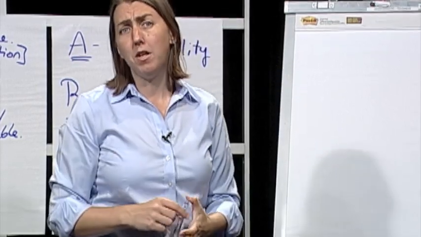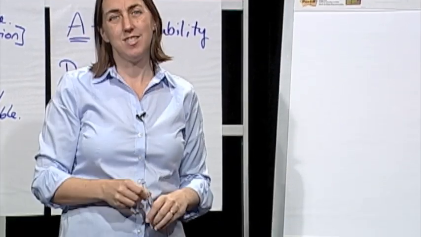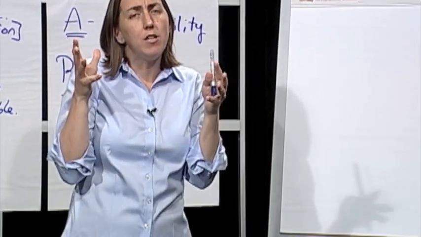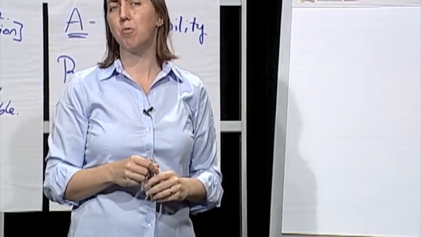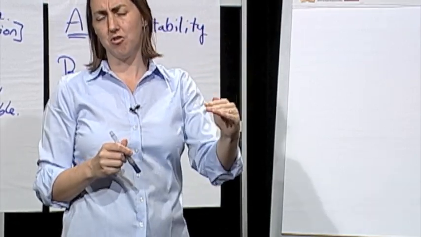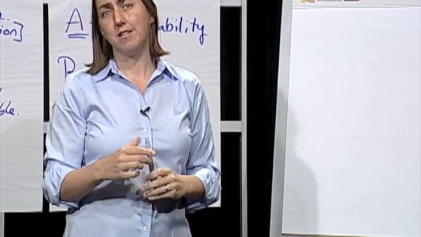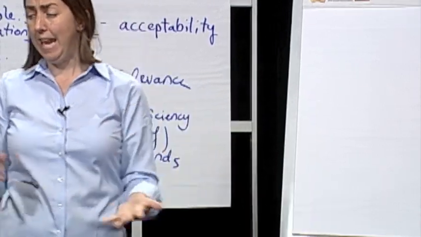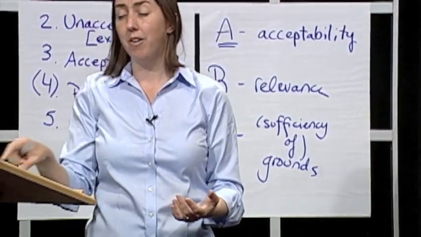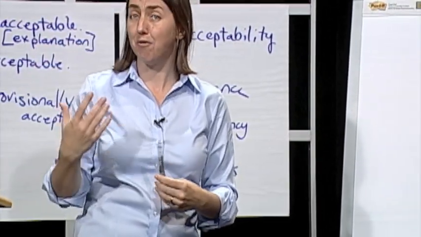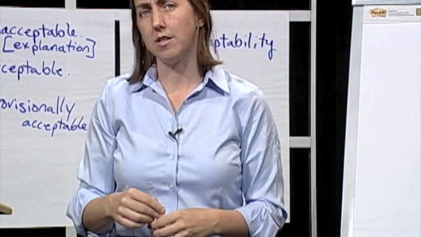So for acceptability, we're really looking at the content of the claim. And we can do that by really isolating it from the argument, going right down the list for each premise. Do I think this is true? Do I accept this? Do I find this to be the case? Now, that being said, there are some basic patterns or some very common ways in which premises can either fail or succeed at acceptability.